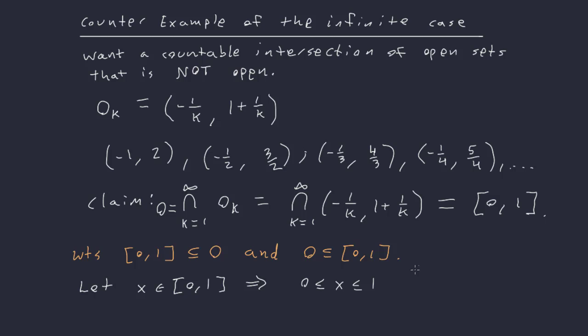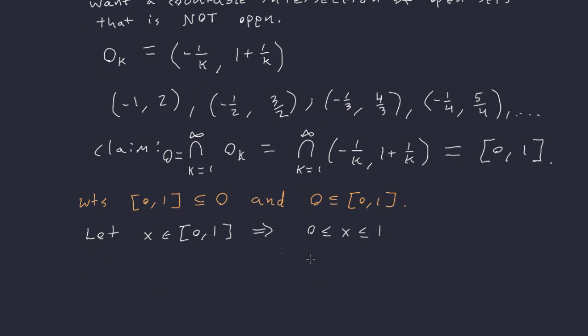Okay, now if x is between 0 and 1, well, 0 is always greater than -1 over k, right?